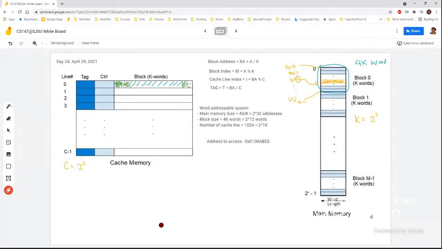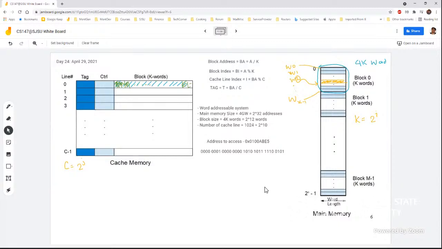First of all, it's a 32-bit address, so let's first write it as 32 bits in binary. This hex number 0100 becomes 0000 0001 0000 0000, and A is 10, which is 1010, B is 1011, E is 1110, 5 is 0101. So these are all my 32 bits here.